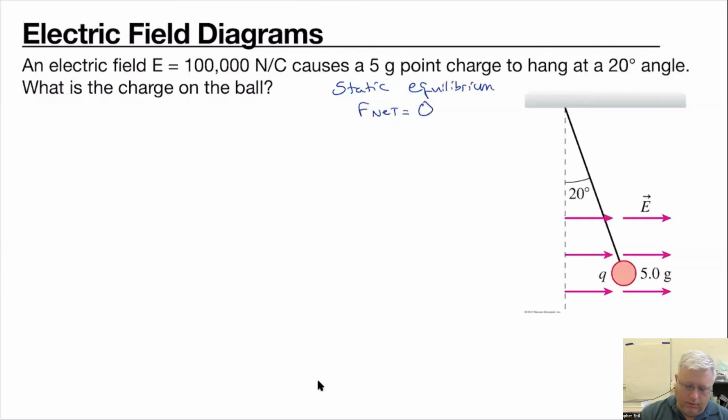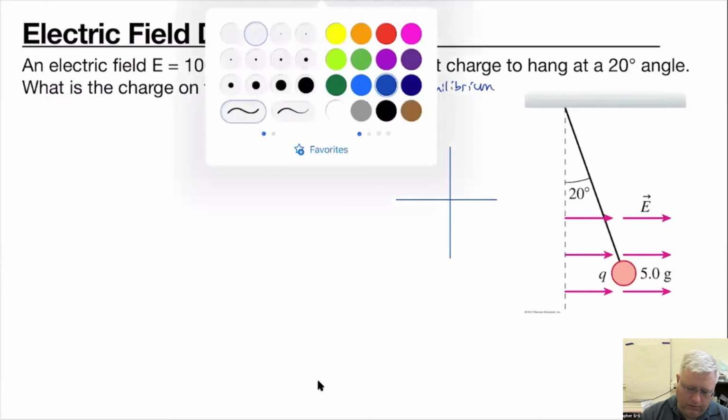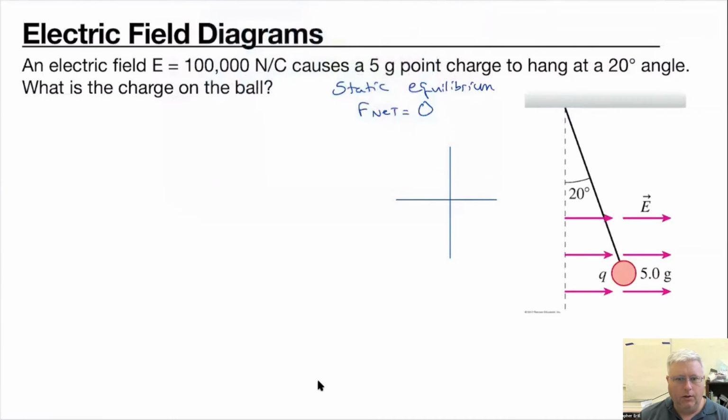All right, so let's create a little free body diagram here. We'll try to identify all the forces going on. Okay, so it's a little bigger here. What do we have? Well, we have the ball here at the origin. And what are all the forces happening here? Well, it's suspended, it's hanging, so gravity is going to be exerting a force here.